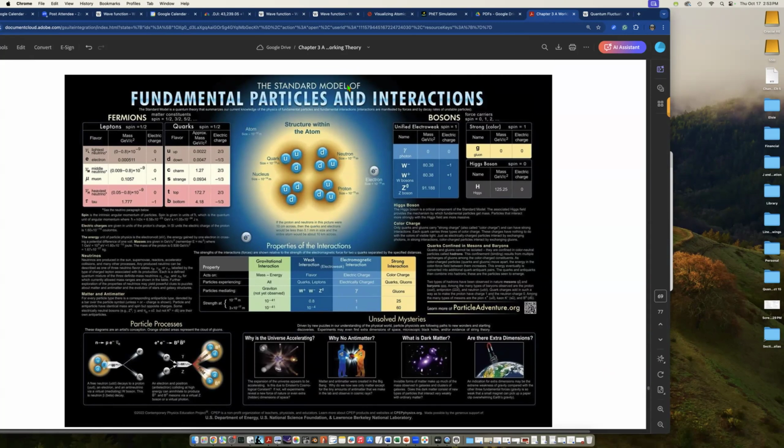Every once in a while, let's say every 5 years, somebody comes forward and says, we found supersymmetric particles. They are predicted by the quantum field theory, and there's no tangible evidence of supersymmetric particles yet.